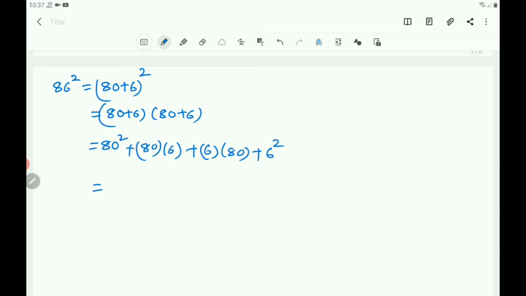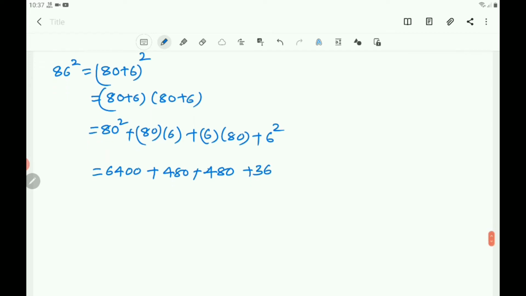80 square: 8 square is 64, 8 has 1 zero, so its square has 2 zeros. Therefore, the square of 80 is 6400. Then 80 into 6, 8 sixes are 48, so 480. Similarly, 6 into 80 is also 480. Plus 6 square, 6 into 6, that is 36.